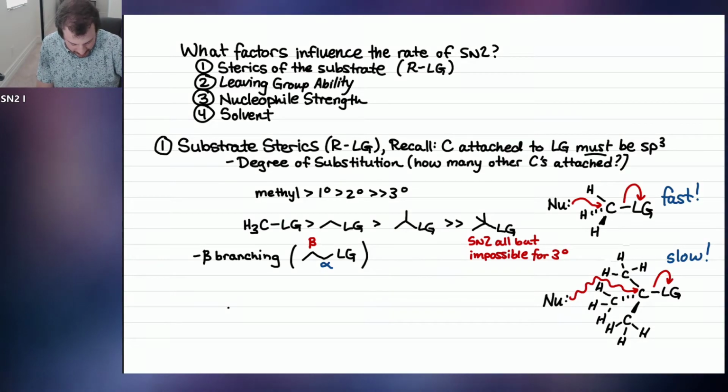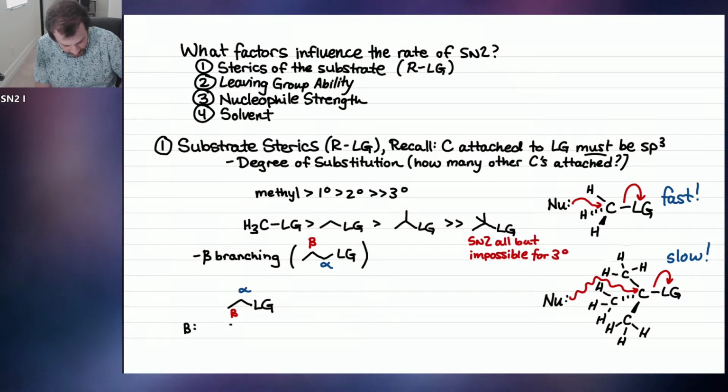And so if you have this molecule here, this is the alpha carbon and this is the beta carbon. How many carbons other than the alpha carbon are attached to the beta carbon? None. So I'll just write a little table here.